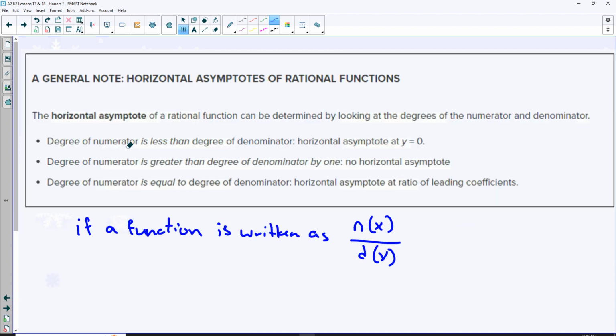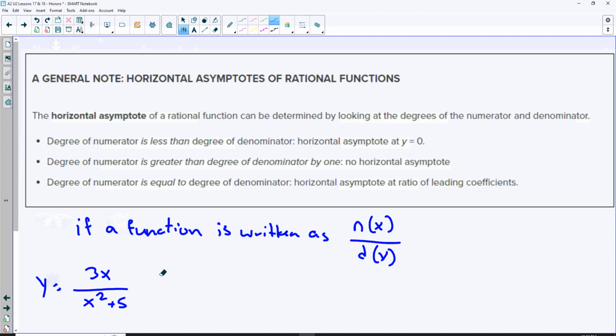If the degree of the numerator is less than the degree of the denominator, so that's a function such as this. If you had, say, y equals 3x over x squared plus 5. Okay, in this particular case, what's going to happen if you try to put a big number in for x?